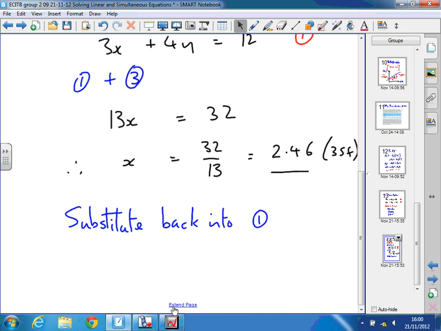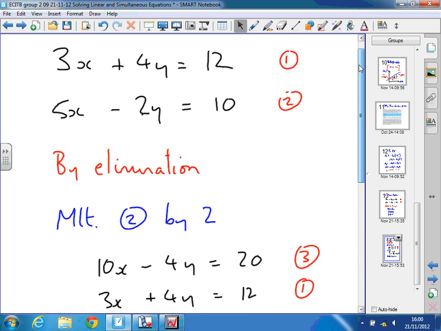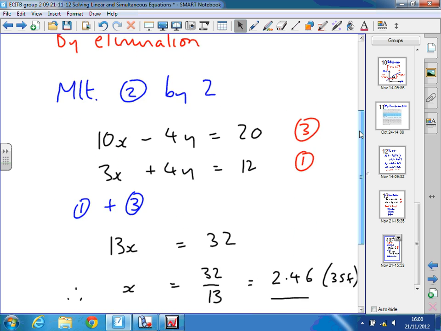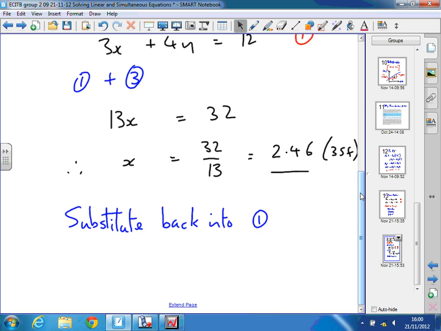So I rewrite number 1, but instead of x, I'm going to write what x is. So 3 times 2.46 plus 4y equals 12.